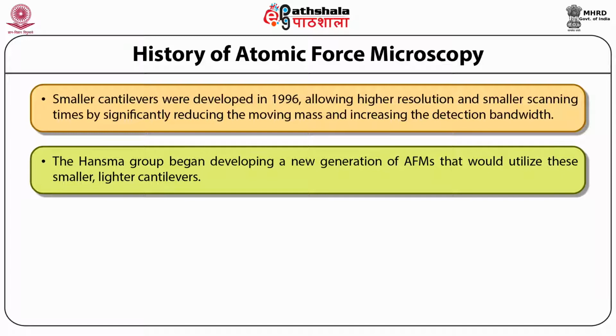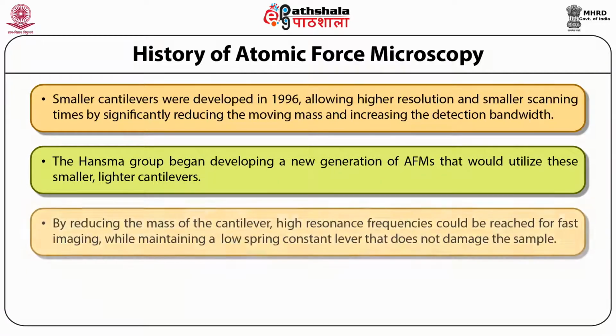For biological samples, these tips were as significant an improvement as anything else could be. By reducing the mass of the cantilever, high resonance frequencies could be reached for fast imaging while maintaining a low spring constant lever that does not damage the sample.